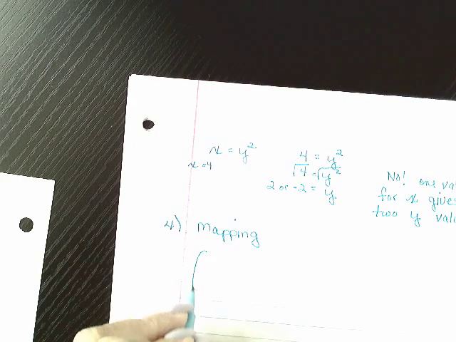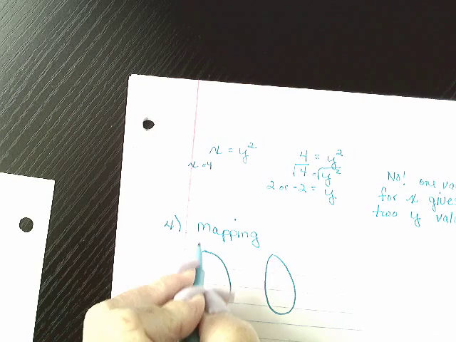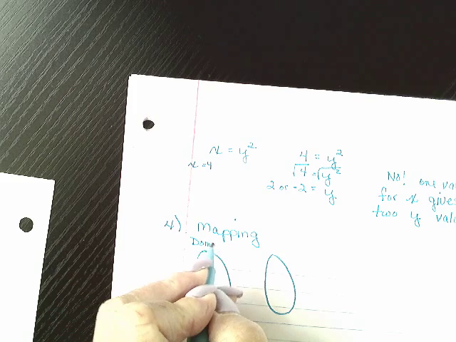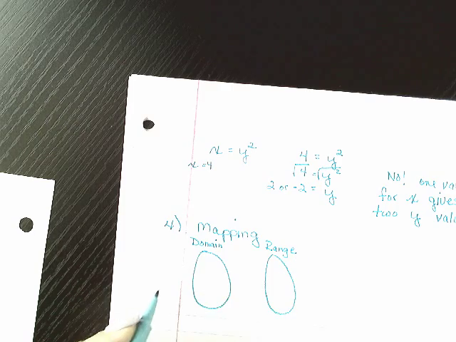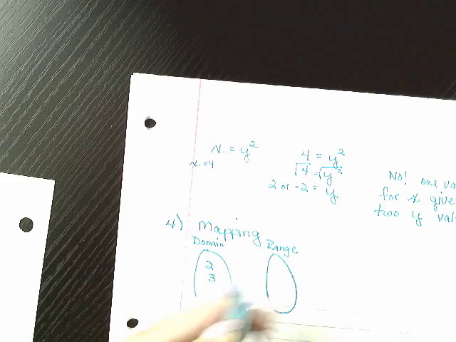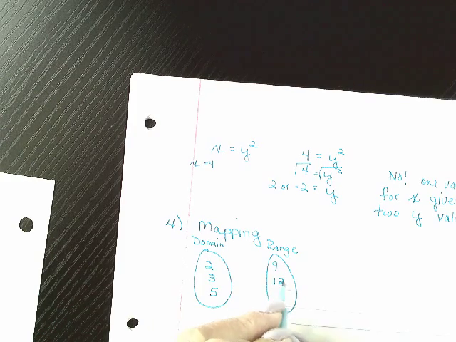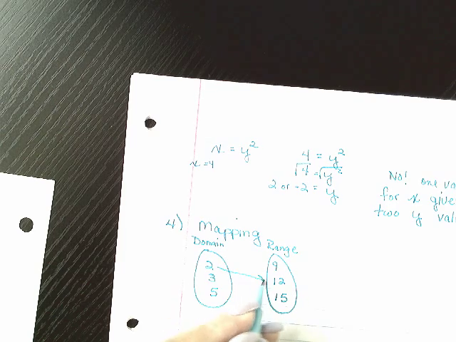Okay, the last way is called mapping. You will have two oval circles. One would be your domain, and the other is your range. So we could have 2, 3, and 5 in the domain, and 9, 12, and 15 in the range. The arrows point from x to y.